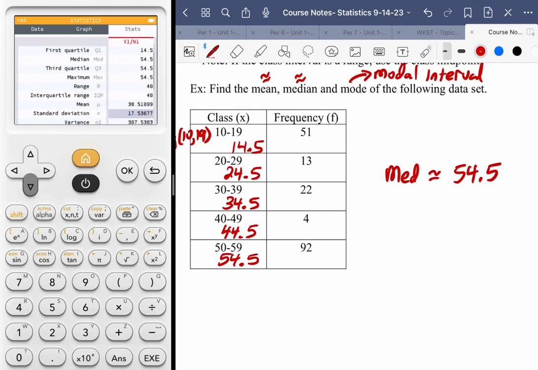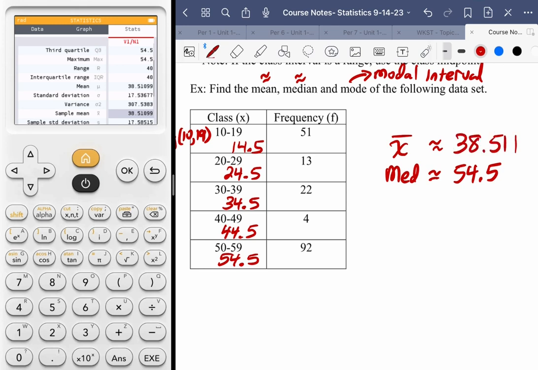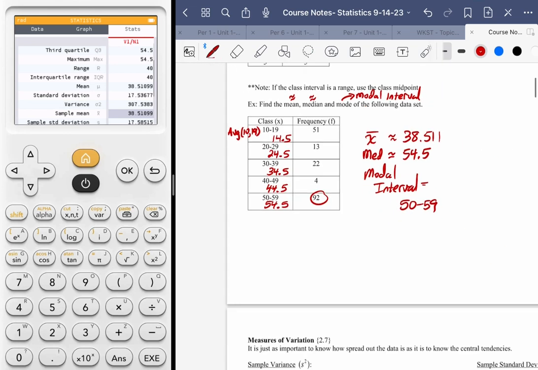Go down, find the mean. The mean X bar is approximately 38.511. And the modal interval, I just got through saying that, is, well, the one that occurs most frequently is the 50 to 59. So we indicate that as an interval.